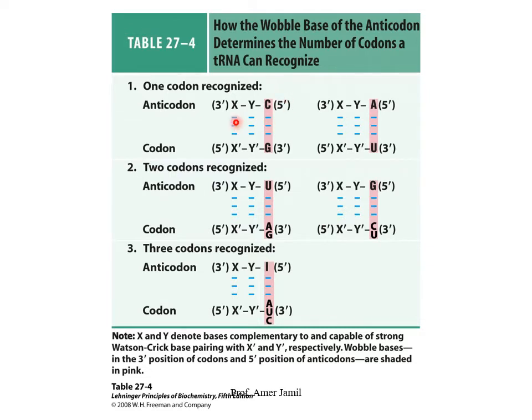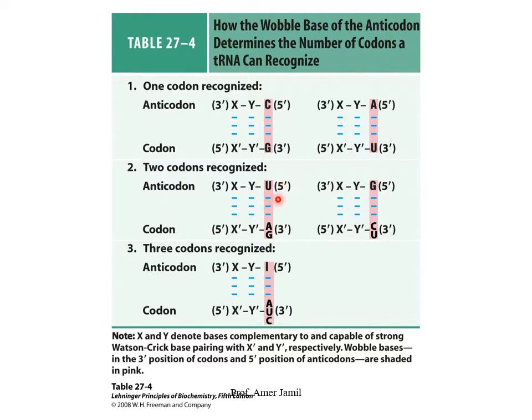So these X and Y represent the normal Watson and Crick base pairing as GC and AU. But here we will see there is some variation. In some cases, only one codon is recognized by this anticodon, like C recognizes G, A recognizes U. But in other cases, there are two codons that are recognized by this anticodon.